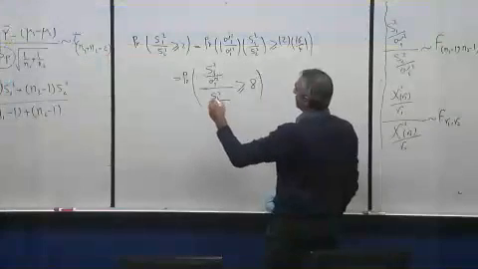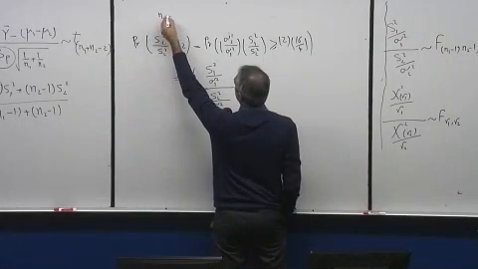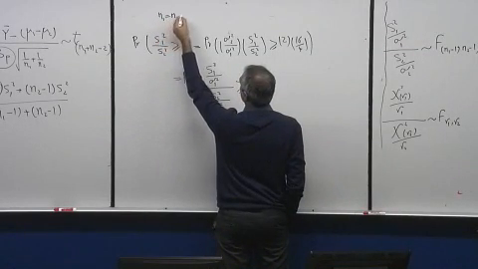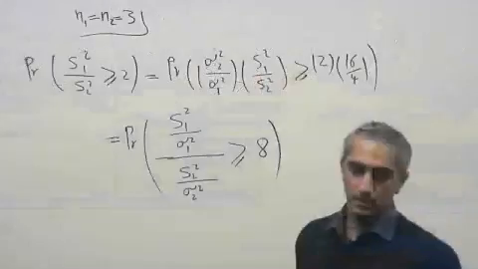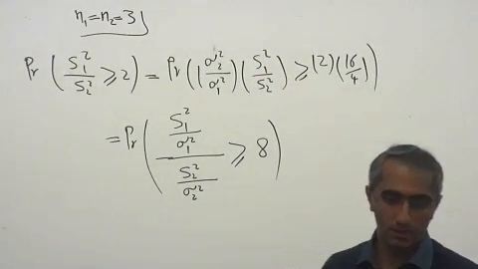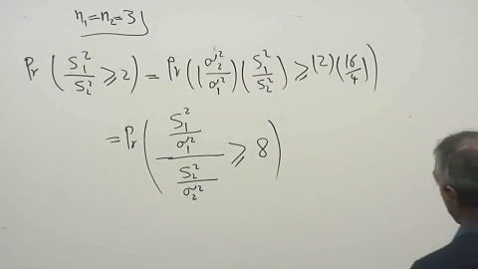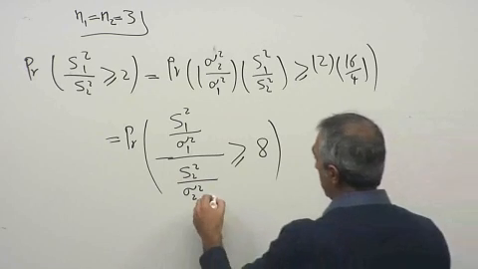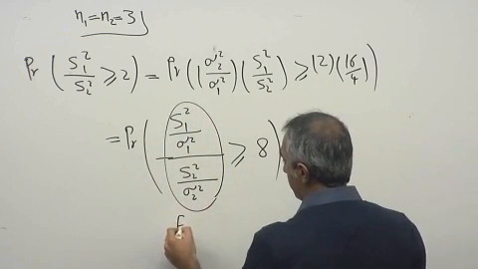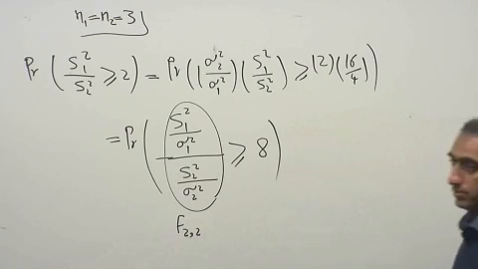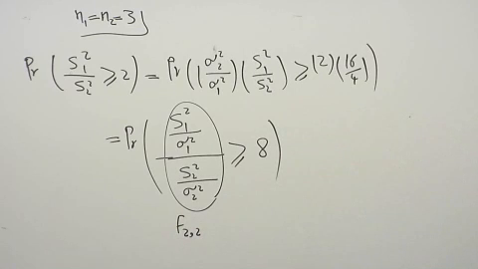So our n1 is equal to n2 is equal to 3, because we have X1, X2, X3, Y1, Y2, Y3, and they are independent. The independence assumption is very important. So this guy would be F with 2 and 2 degrees of freedom, because the sample size is 3 for both of them.